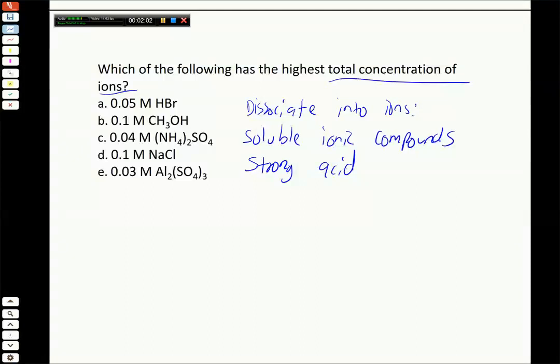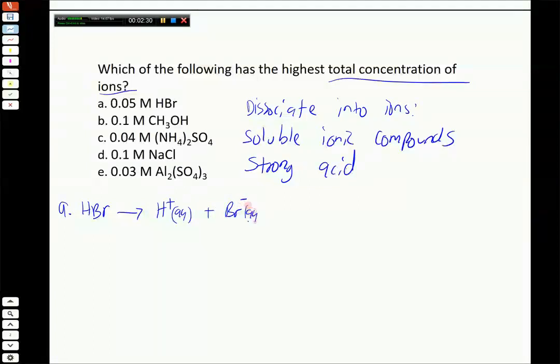So those are the two types of compounds that will dissociate into ions, and then when that happens, the concentration of each ion is going to depend on the stoichiometry or the formula of the compound. So if we look at choice A here, we want to figure out the total concentration of ions. HBr is a strong acid, so when we dissolve this in water, we get H plus and Br minus, so it does dissociate.